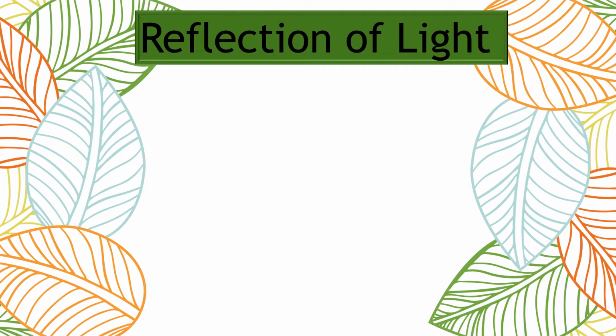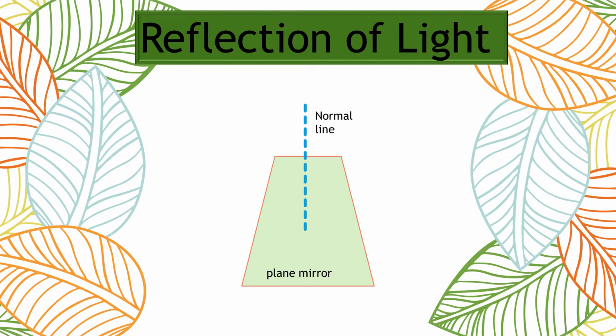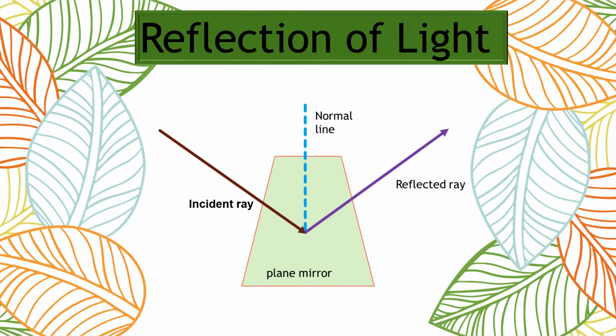In studying reflection of light, there are important terms that you need to learn. For example, this is a plane mirror. And again, the broken line there is called a normal line. And then this ray is called an incident ray. And this one is a reflected ray.